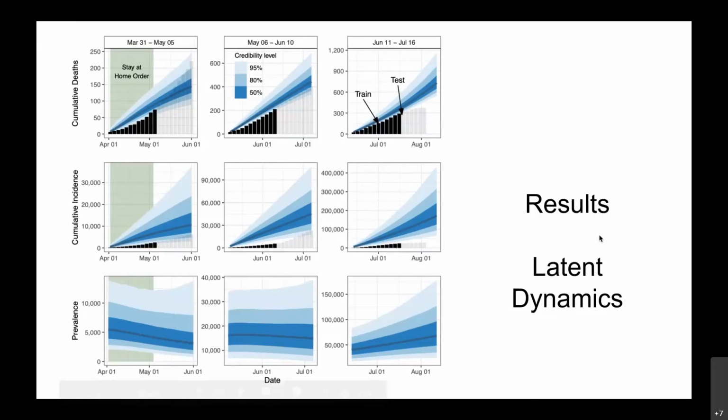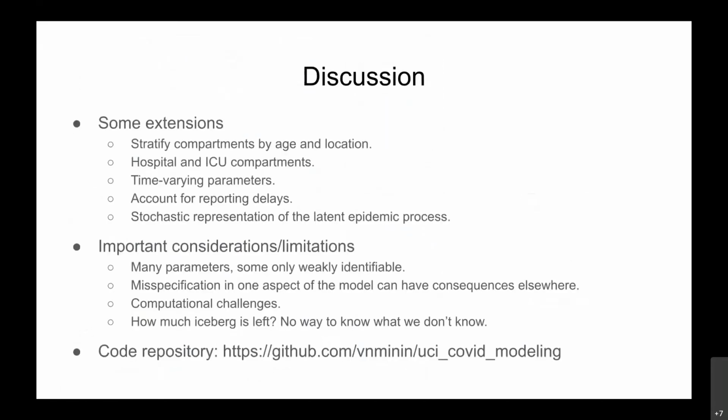Cases really much more so. In the interest of time, we can also estimate prevalence using this model. And this is one of the advantages of integrating multiple data streams, is that certain aspects of the model start to be identifiable where they may not have been with just a single source of data.